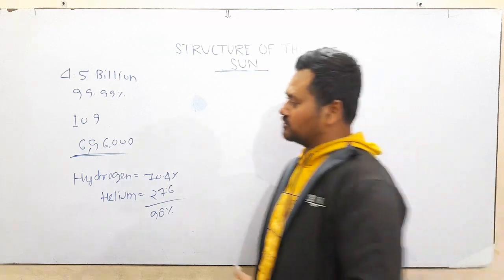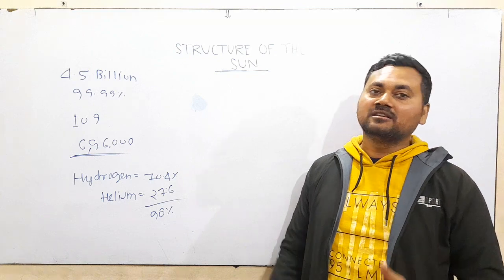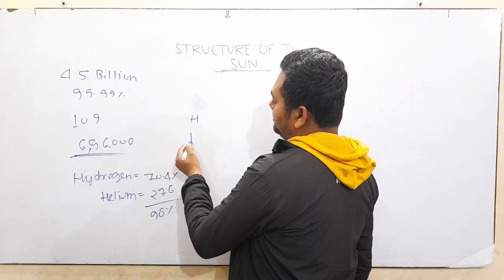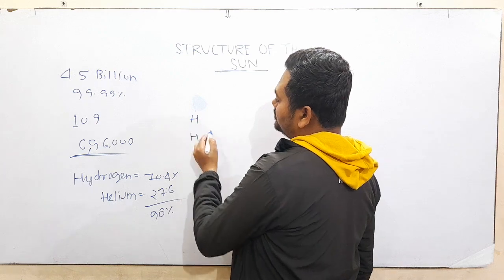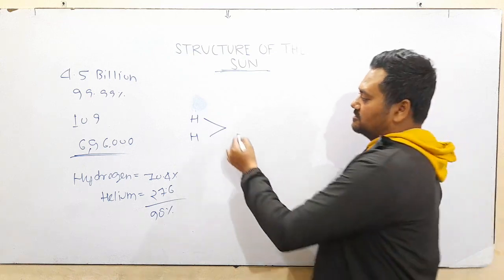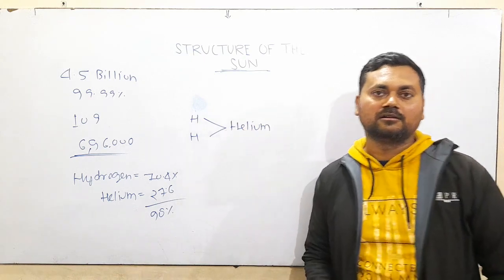And just opposite to this is nuclear fusion, on which the Sun is based. Here two atoms of hydrogen are combined and helium is formed.